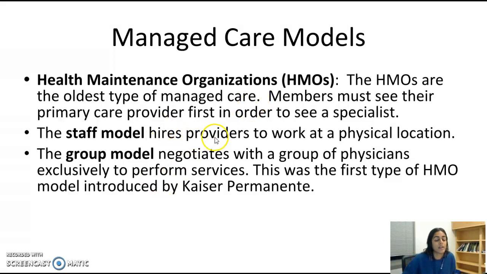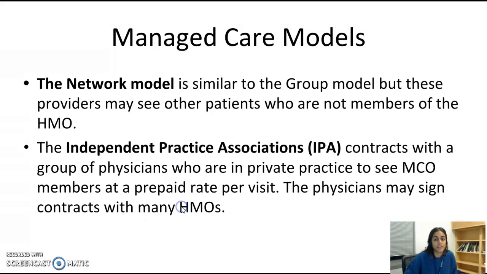There's a staff model, which hires providers to work at a physical location. That's one type. There's also a group model, which negotiates with a group of physicians exclusively to perform services. This was the first type of HMO model introduced by Kaiser Permanente.